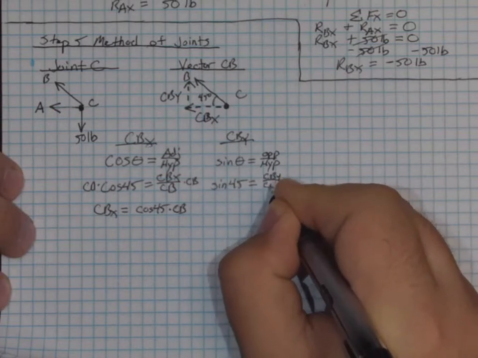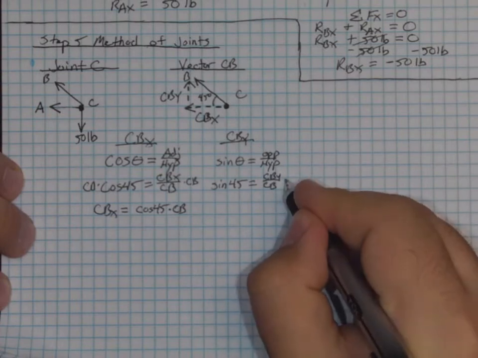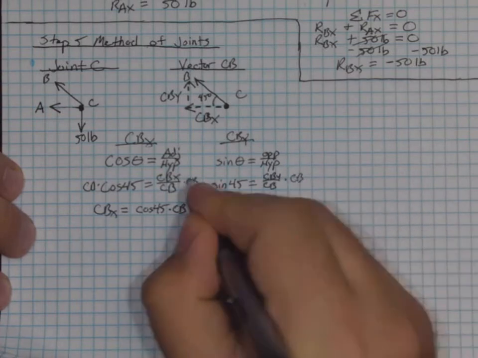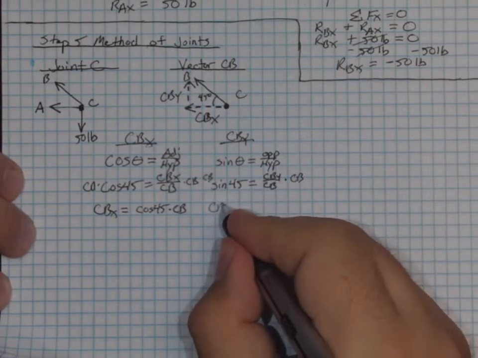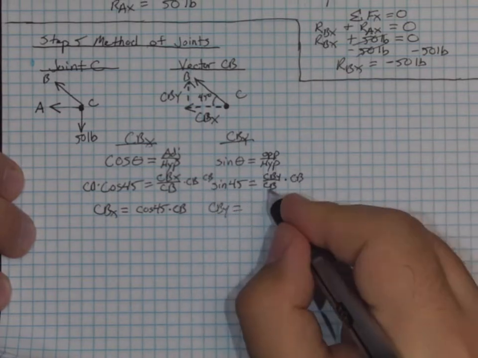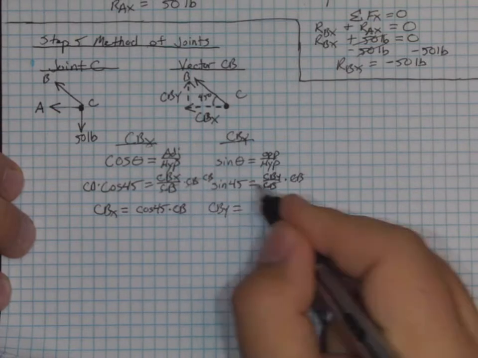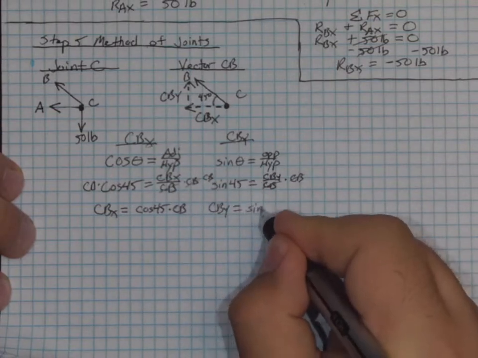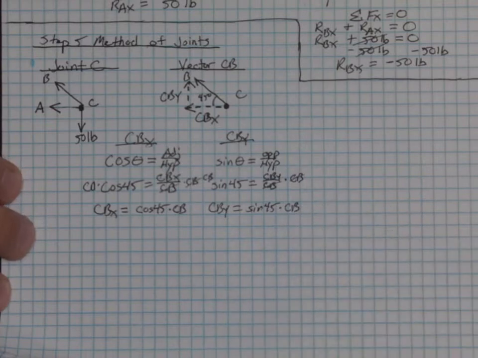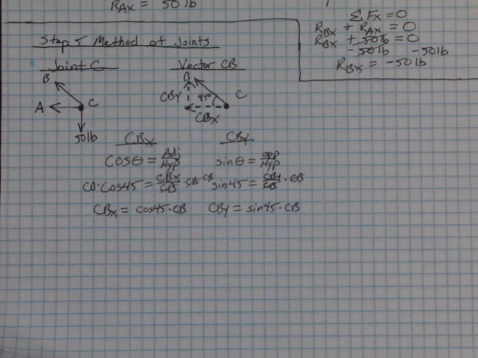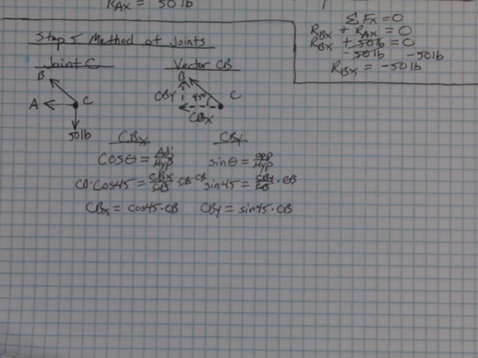For CBY, you're going to see a very similar method here. And in order to get this by itself, I'm going to multiply by CB. So then CBY is going to be equal to the sine of 45 times CB.